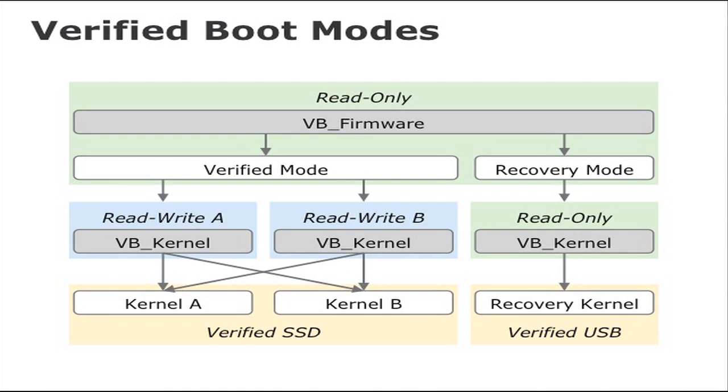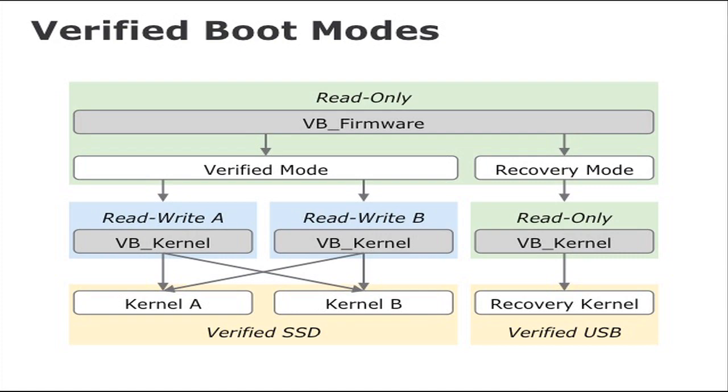In the verified mode side, there are actually two copies of the read-write firmware, and this is pretty standard for updates, to be able to push one copy, make sure you can boot into it before you update the other copy. And then the same sort of selection of an A and B happens when you're booting the kernel as well. So there are actually many different paths you could take to get into the image, but in the end you should end up in the same place.